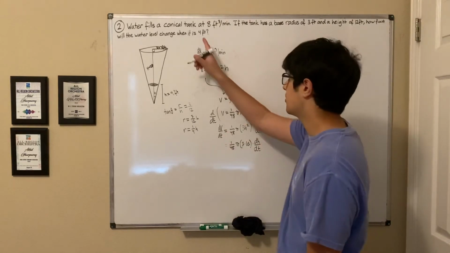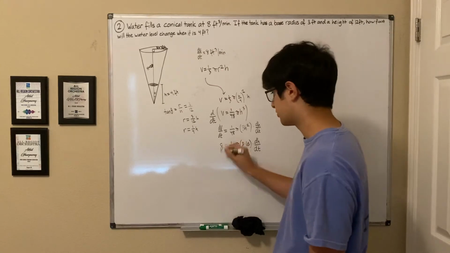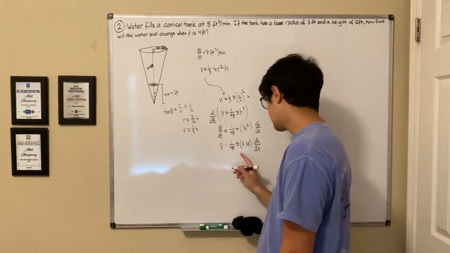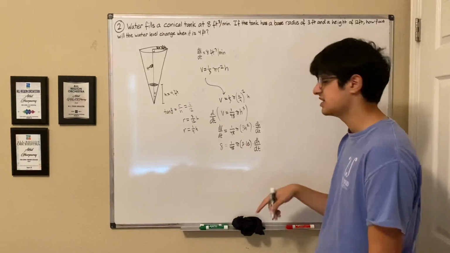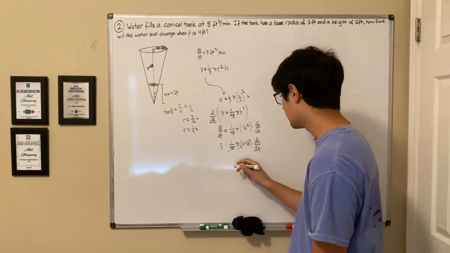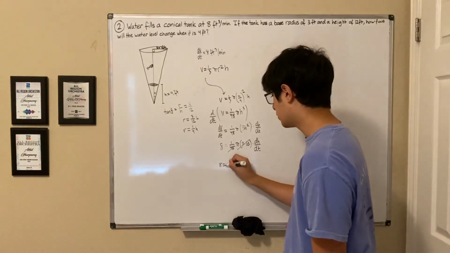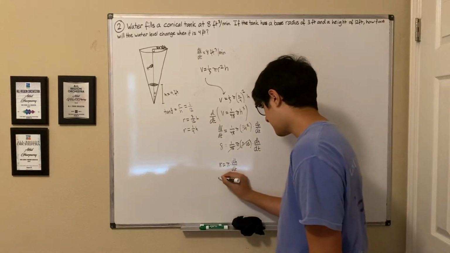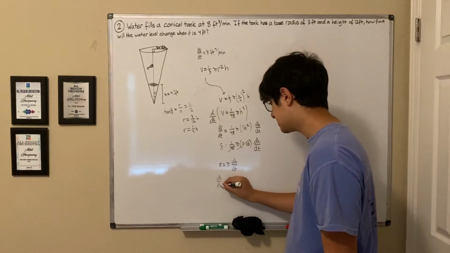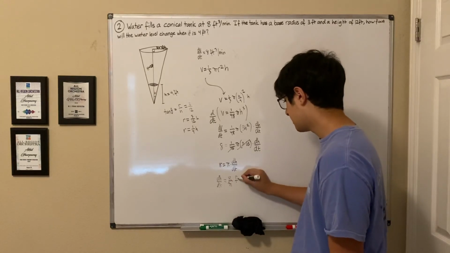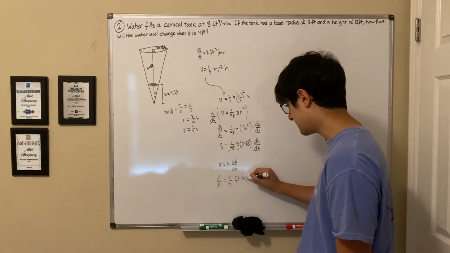And we also know that the rate of change of volume with respect to time is 8. Let's do some simplifications. 3 times 16 is 48, but we have a 48 in the denominator, so this and that cancel, and we just get that 8 equals pi times dh/dt, and therefore dh/dt is equal to 8 divided by pi feet per minute.